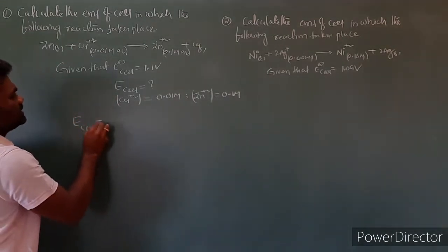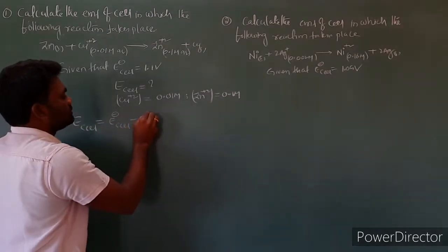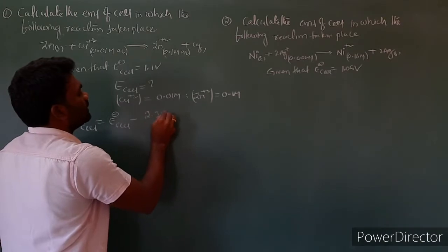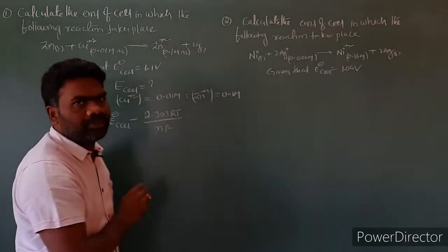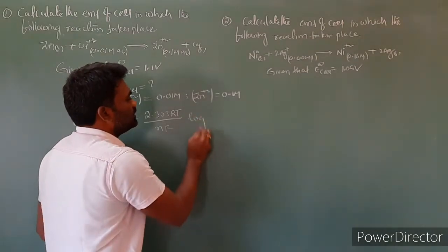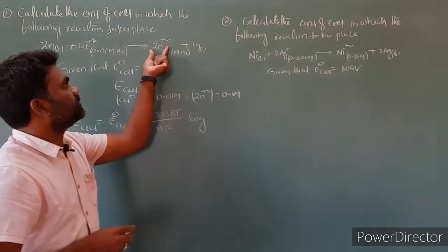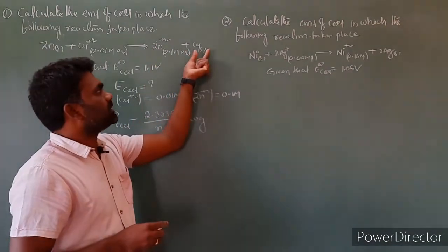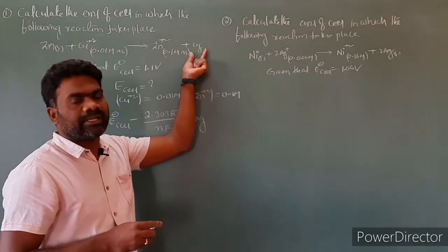E cell is equal to E standard cell minus 2.303 RT by nF log of the concentration of products by the concentration of reactants. What is the product, sir? Zn²⁺ is a product, and Cu is a product, but Cu is a solid, while Zn²⁺ is in aqueous form. The concentration of a solid we take as unity.